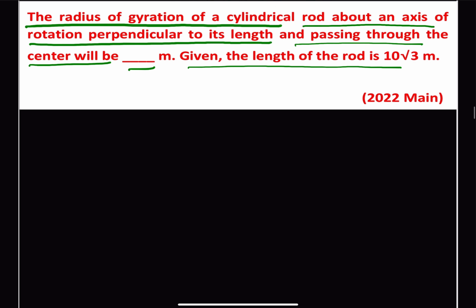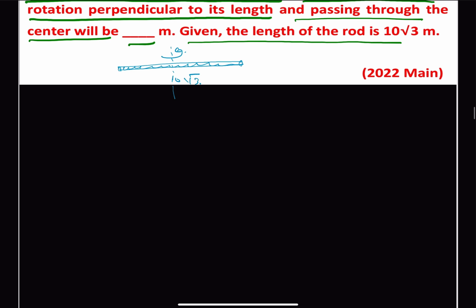So in this case it is quite simple. We have a rod and its length is given as 10 square root of 3, and it is rotating about the axis which is passing through the center, something like this. And we have to find out the radius of gyration, and that formula is a standard one.